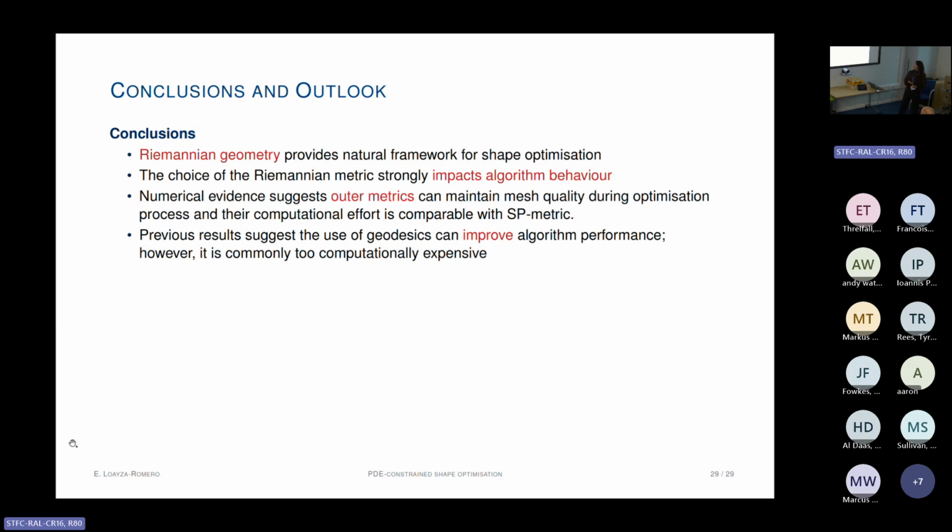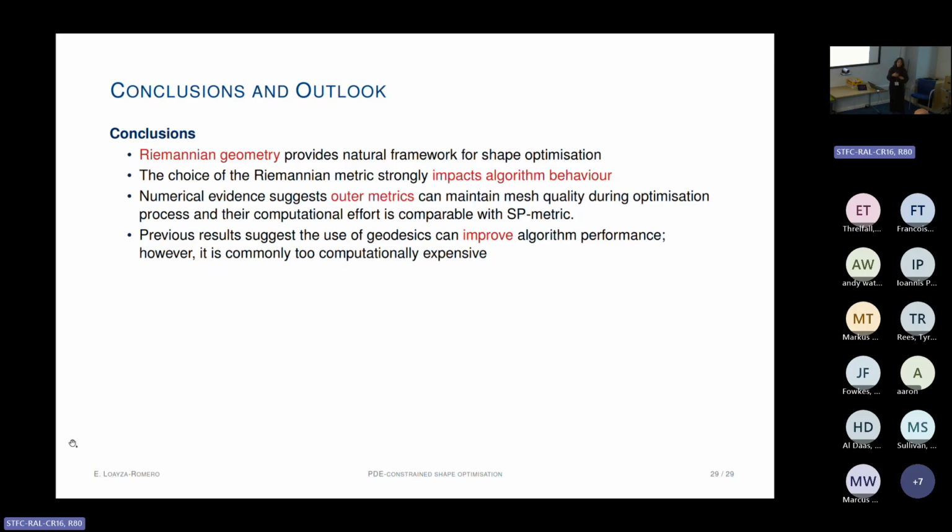The second thing that I want you to take home is that different Riemannian metrics really impact the algorithm's behavior. Even though we were just using a simple steepest descent method, we got different behavior. We can get to these solutions faster just by using one kind of metric over another.